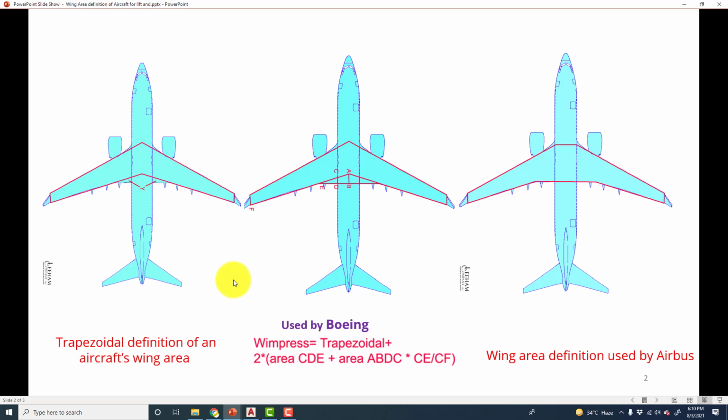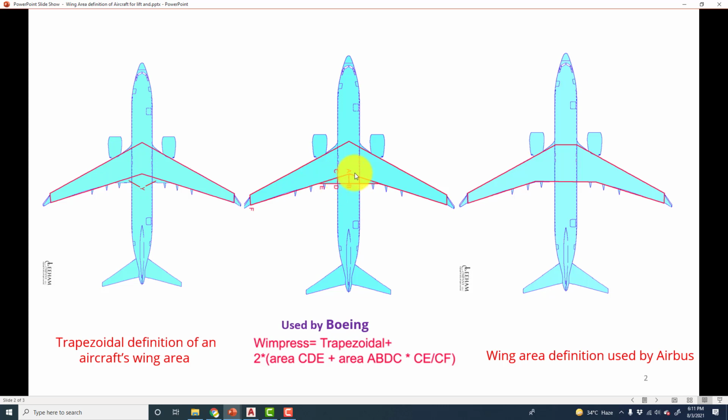The second method is the Wimpress method, by Boeing. In this method, first we divide similarly like that trapezoid, so first get this area and then get this triangle area. For two sides, there will be two trapezoids, one on this side, one on this side. There are two triangles, one on this side, second on this side. And then we have this parallelogram. So there are two parallelograms from the center, one and second is over here.